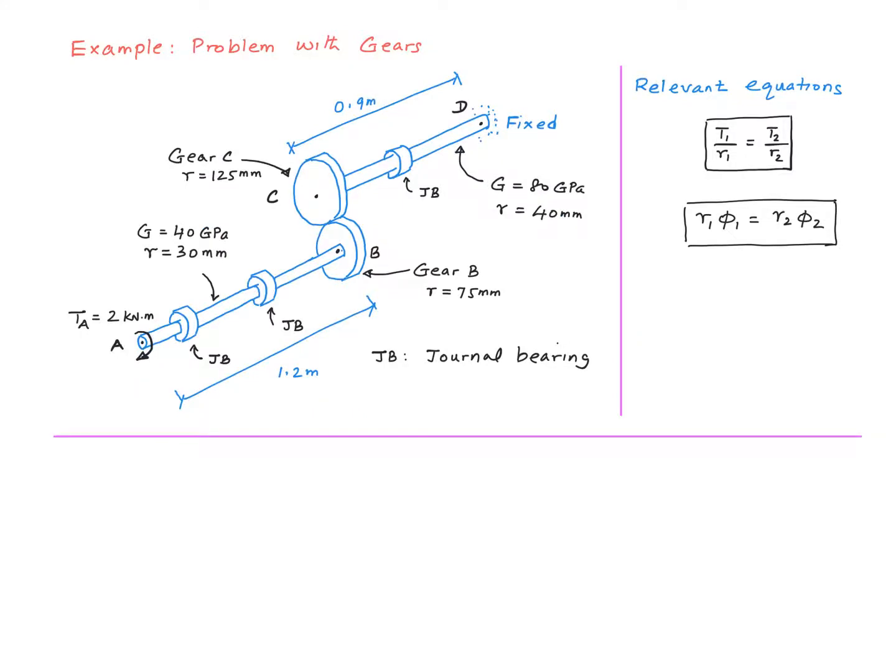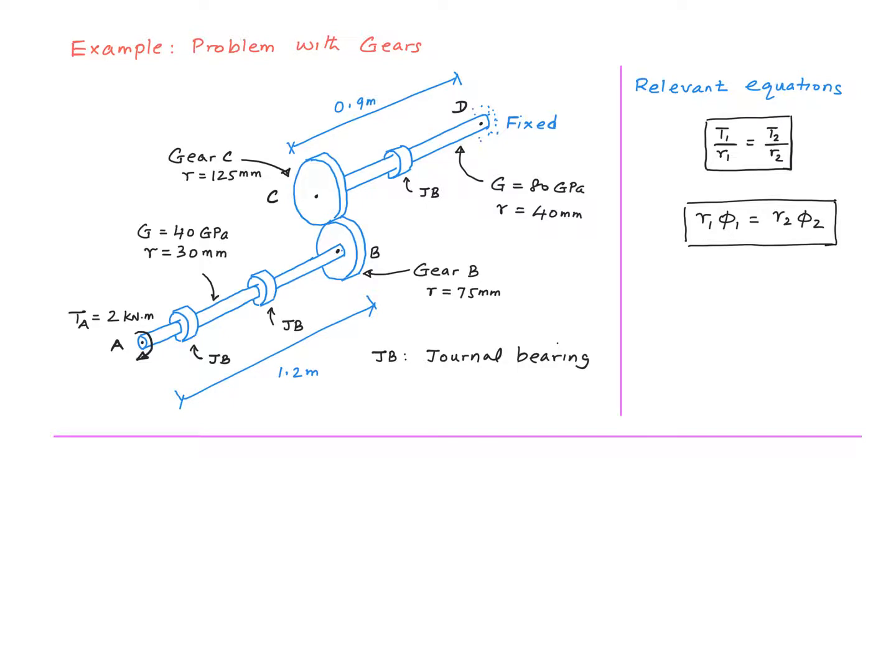Let's go ahead and do this example problem. So this is a simple problem involving two parallel shafts AB and CD and a pair of spur gears B and C. I'm not showing the teeth here, but I'm showing only the pitch circles. The shaft AB is supported on two journal bearings, and shaft CD is supported on one journal bearing and a fixed support.